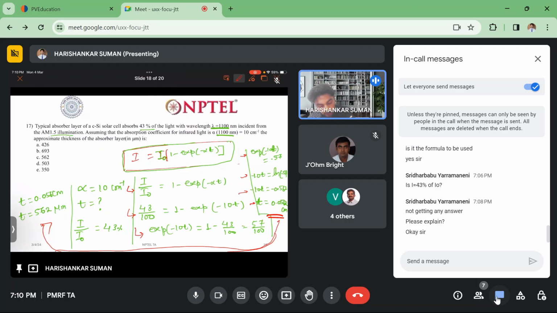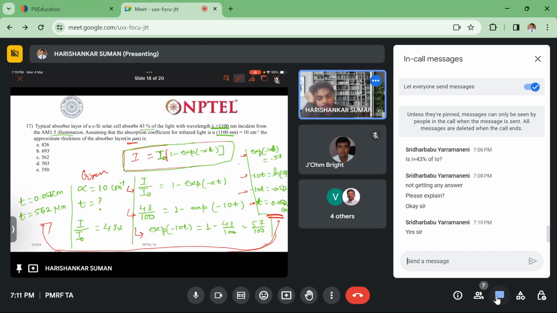We also have to convert to micrometer. Okay, got it? Others, please. Okay, thank you.